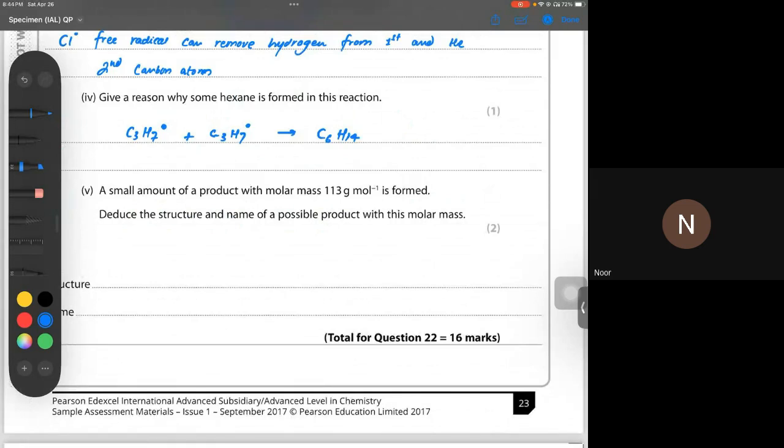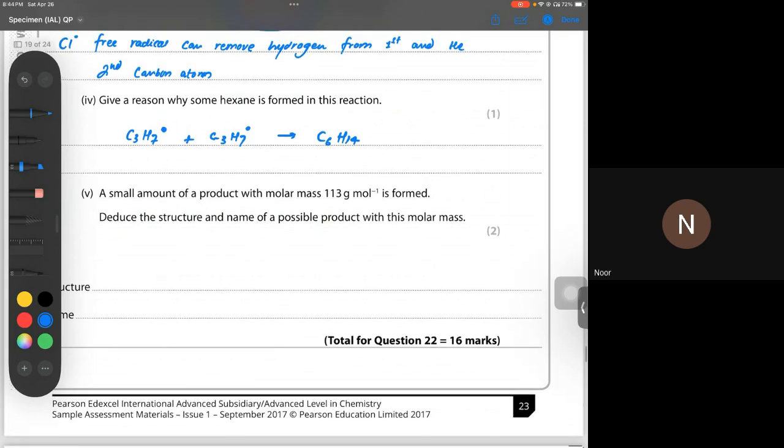With this molar mass, you know what you would be doing? You need to draw the structure of that product whose molecular mass should be 113 grams per mole. So the carbon atoms would be the same, of course.